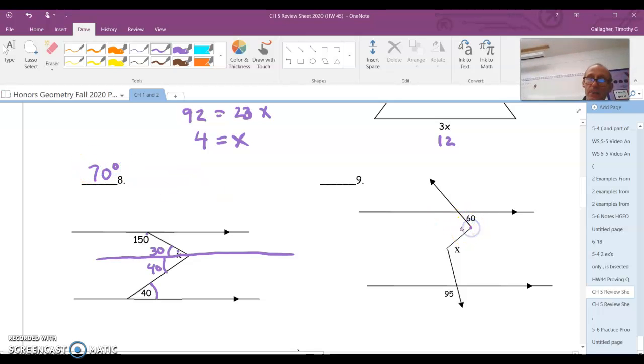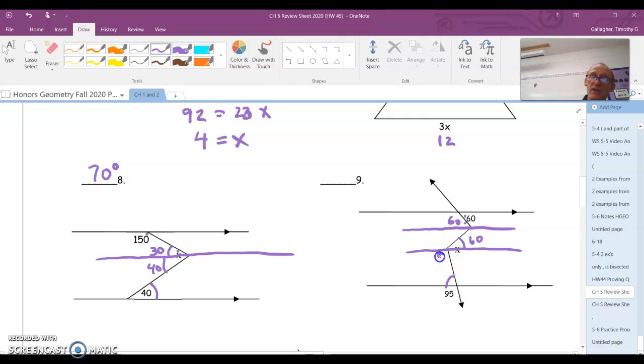Number 9, okay, this angle is 60. I'm going to draw this and this. Now this angle and this angle are alternate interiors, so I'm going to put a 60 here. This angle and this angle are alternate interiors, so I'll put a 60 here. Now I don't know what this one is, but I know this is 95, and this angle here is 85.